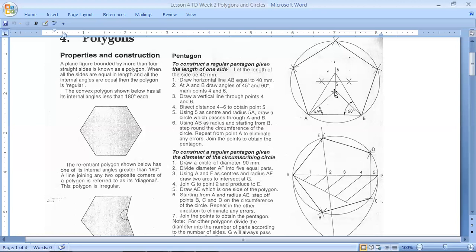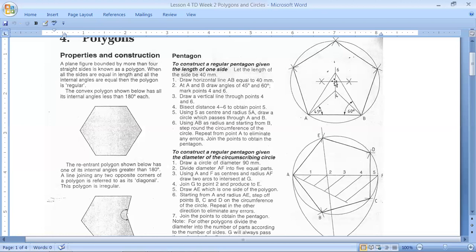If we set the compass from point 4 to A or B, and we draw the circle or circumference, we will be able to use the measurement from A to B and cut here, here, here, and here. If you put it in 4, you're going to be able to cut 4 times here and create a nice square.